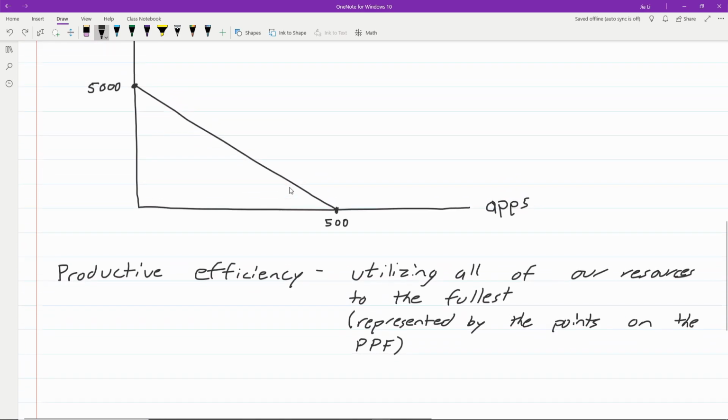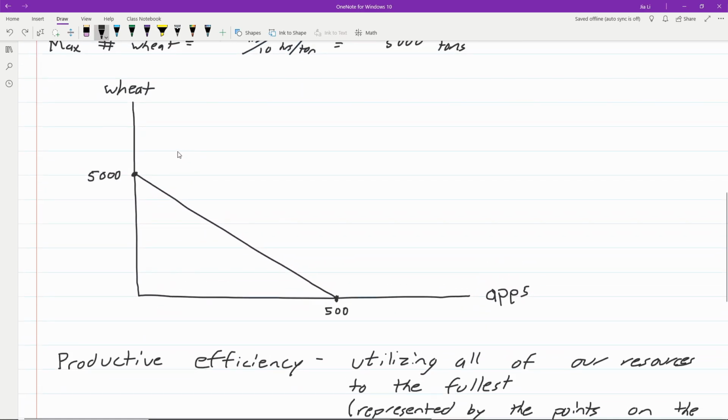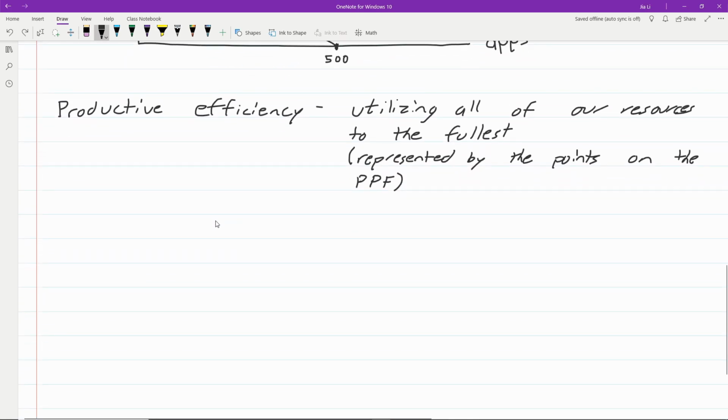So we also need to consider not just what's possible for us to produce. We also want to consider what is going to be overall best for society. And that term is called allocative efficiency. Allocative efficiency.